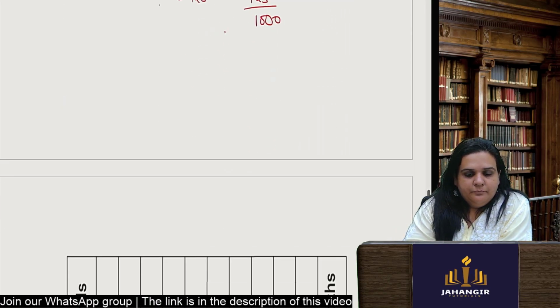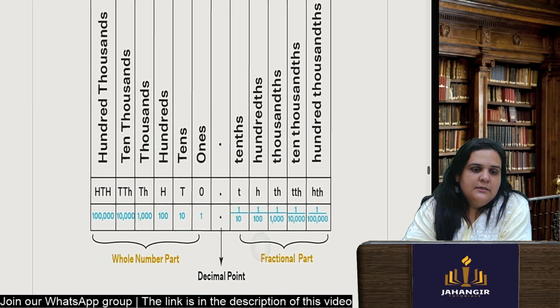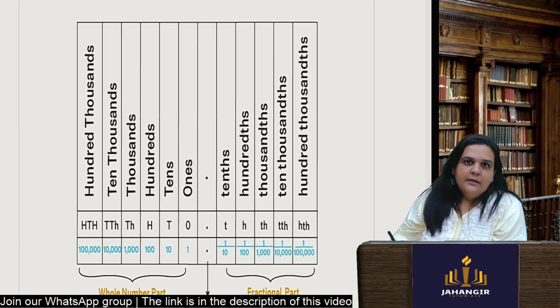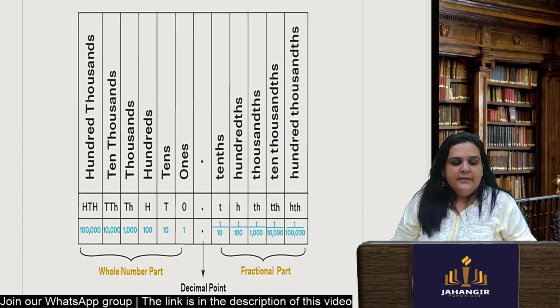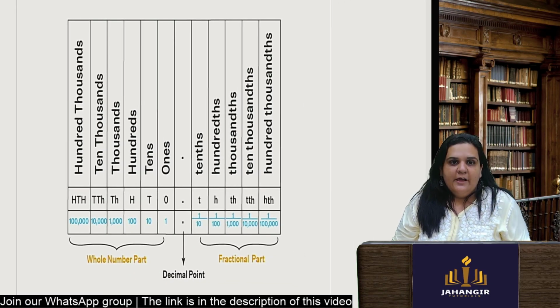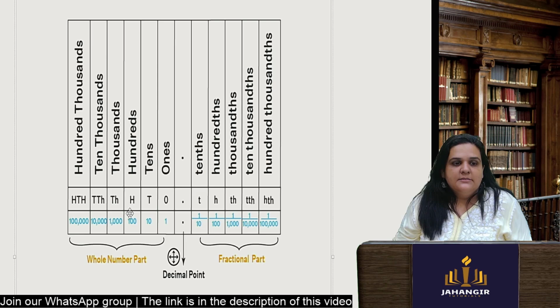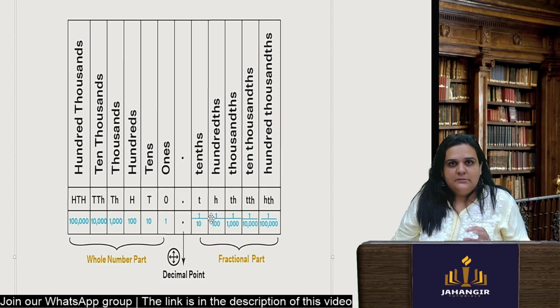Now see this. There is a decimal point. Before the decimal point is the whole number part: you have ones, tens, hundreds, thousands, 10,000s and 100,000s. After the decimal point, we immediately begin with tenths. There is no ones.